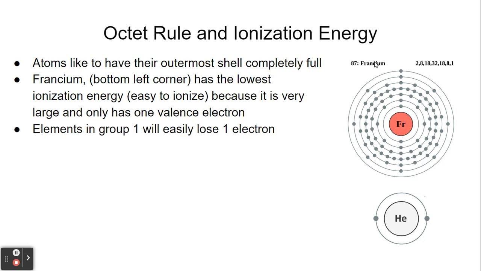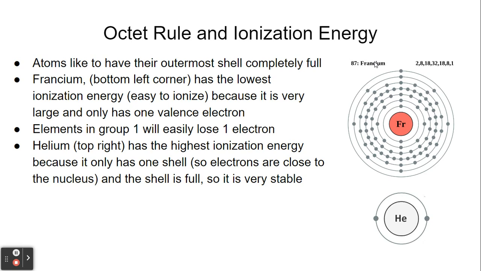Francium is in group 1, which, if you remember, is the alkali metals. Any element in group 1 is going to easily lose one electron, because they only have one valence electron to lose and that next row down has a complete octet. So they're really going to want to lose that one valence electron.